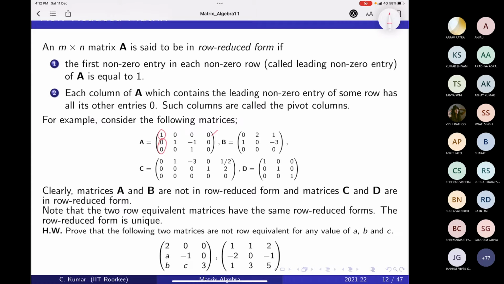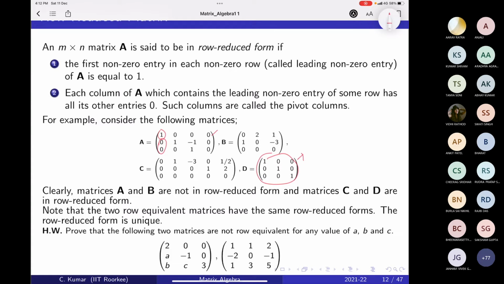Sir, but for row echelon form, it should be on the right side of the one, right? So that criteria is not applicable here in row reduced form. Usually when you start doing the row operations, you stop at this point and do not interchange anything because you already have this criteria.